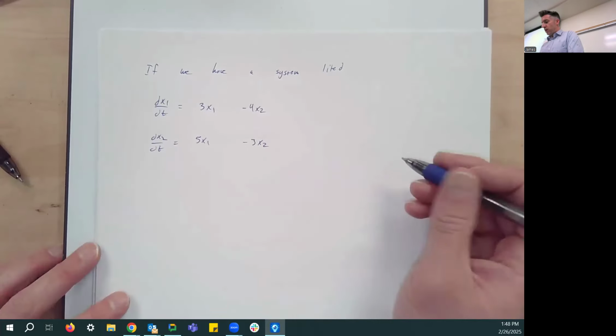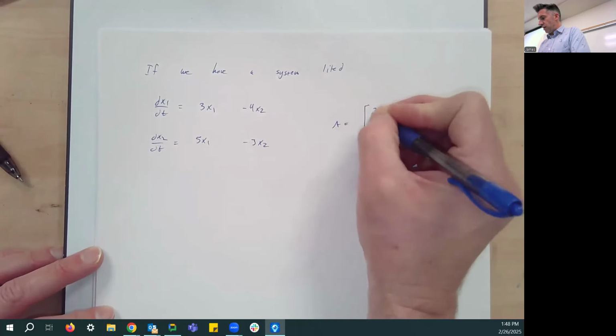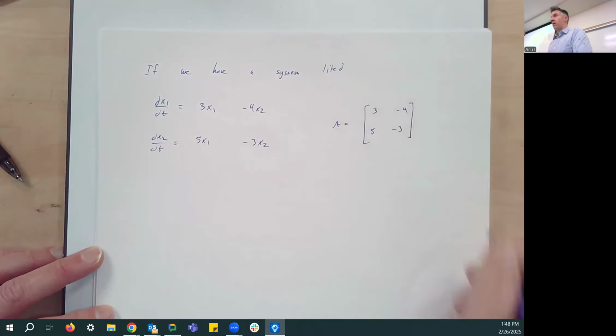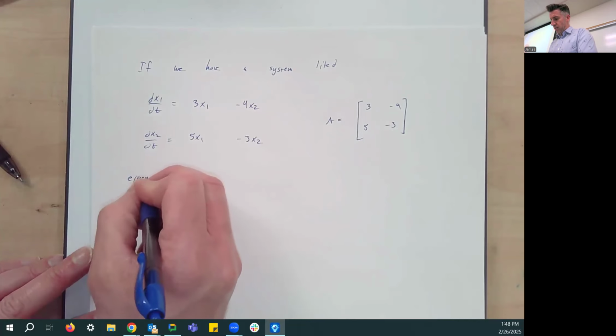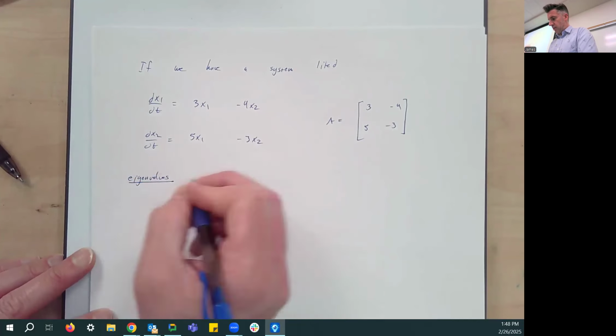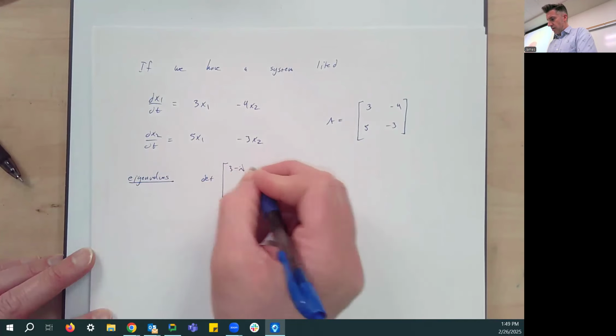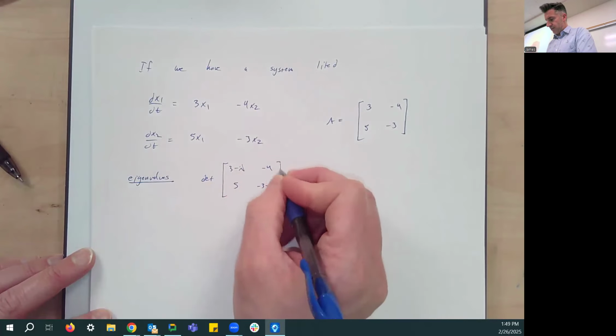So if we do this one here, our matrix is just going to be 3, -4, 5, -3. And we're going to find our eigenvalues. It's going to be the determinant of 3 minus lambda, -4, 5, -3 minus lambda.